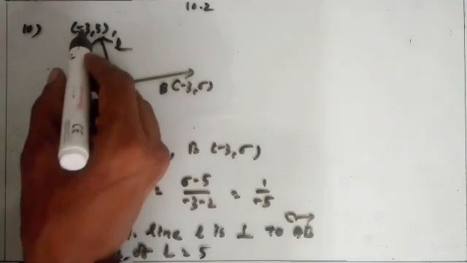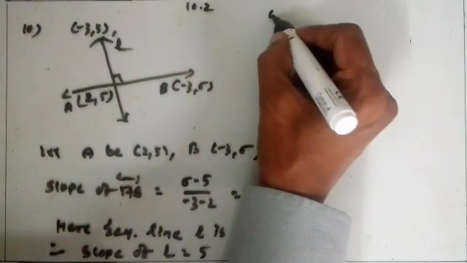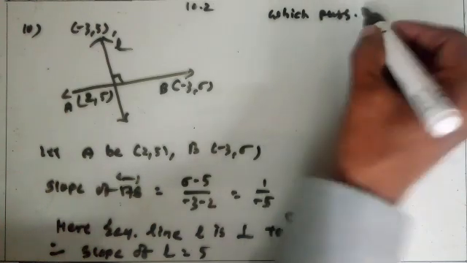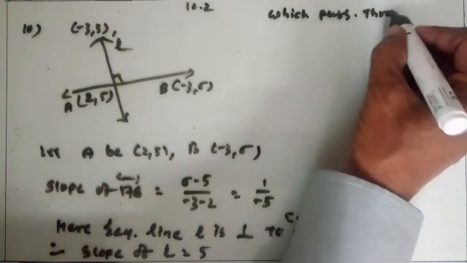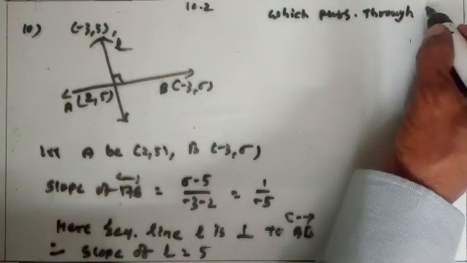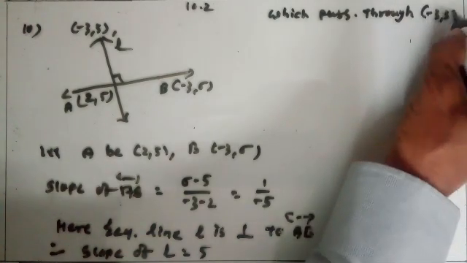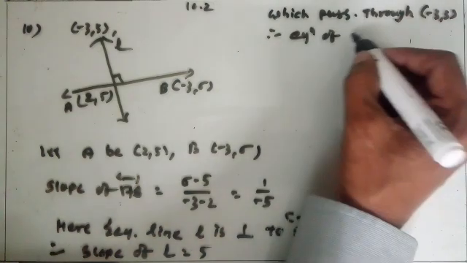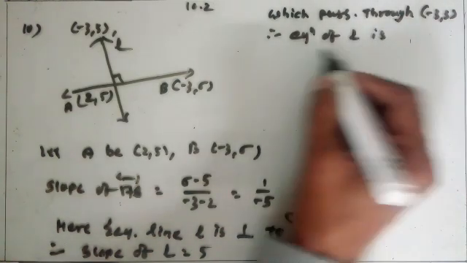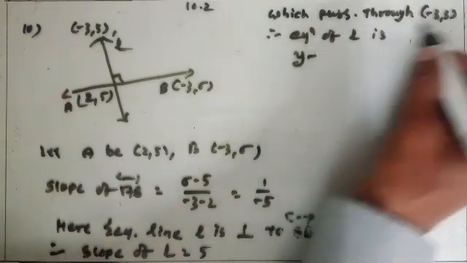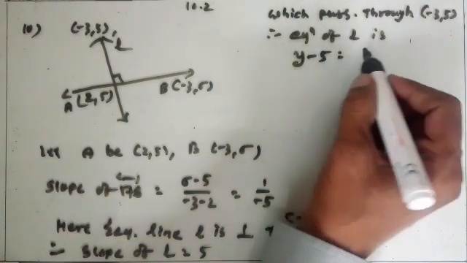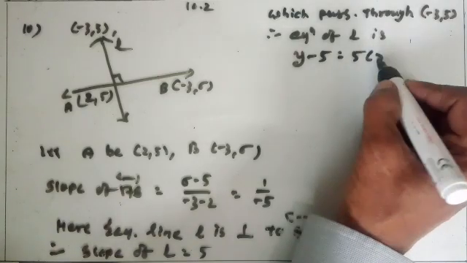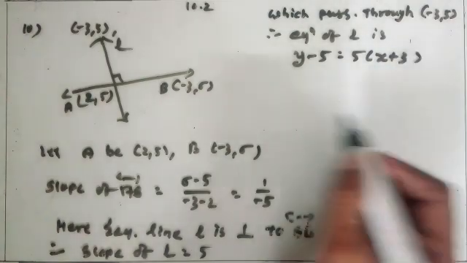Now L passes through (-3, 5). Therefore, the equation of L is y minus y1, that is 5, equal to m, where m is 5, into x minus x1. x1 is equal to -3.